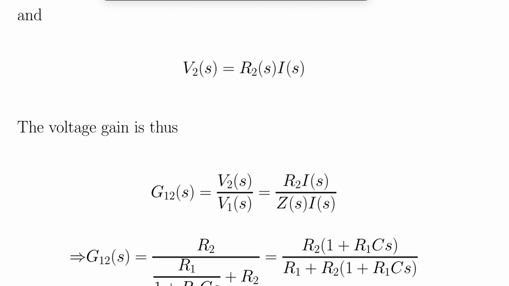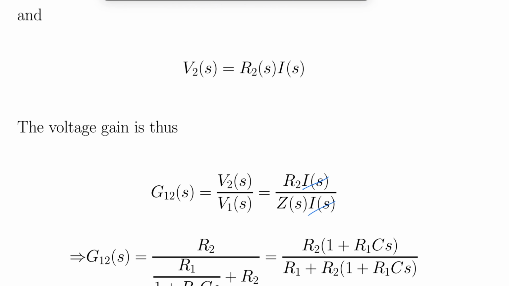Put the value of V2s and V1s here. So this is R2 into Is upon Zs into Is. This cancels out, this cancels out. And we get G12s is R2 upon, put the value of Zs, R1 upon 1 plus R1 Cs plus R2.